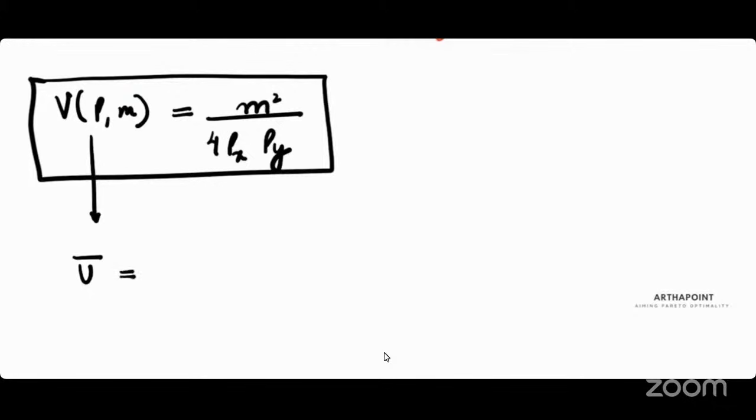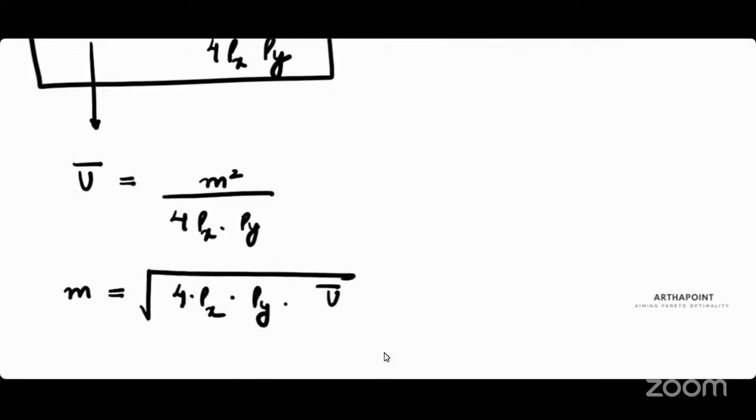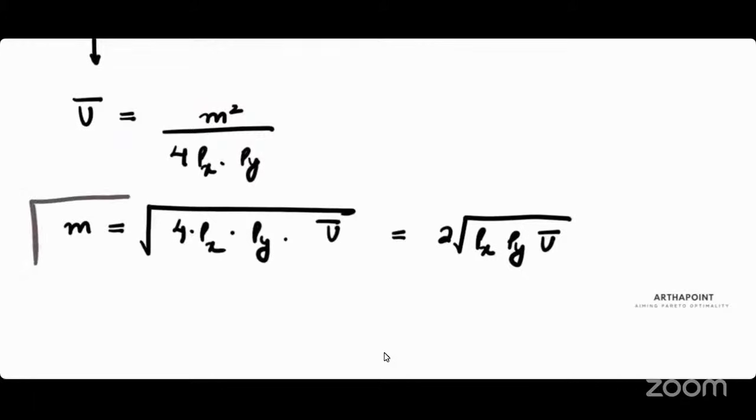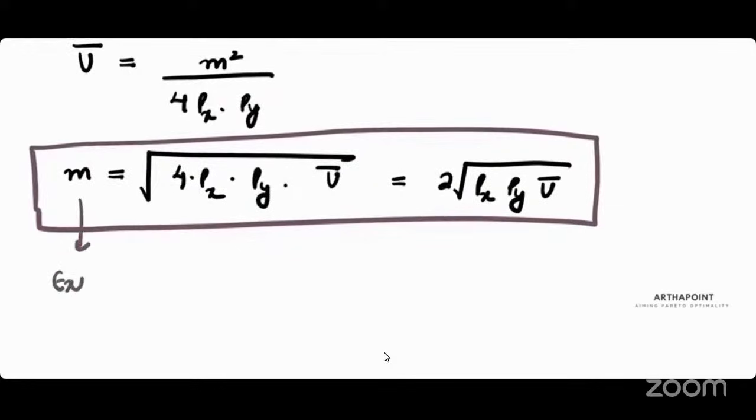So I will get U bar is equal to M square upon 4 Px Py. If from here I find M, what will I get? I will get M is equal to under root of 4 Px Py U bar. So I will get this as 2 under root Px Py U bar. This function thus obtained, this is known as the expenditure function.